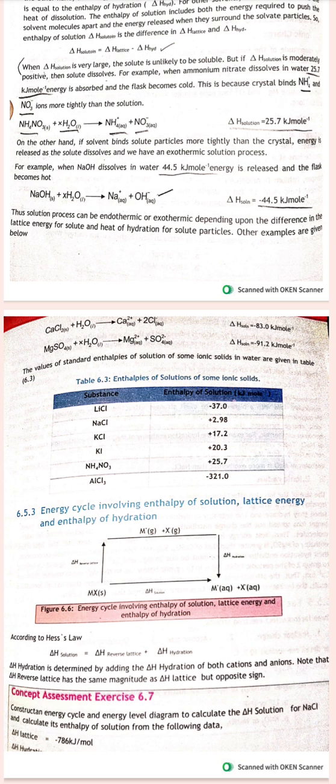So energy is released when the solvent binds the solute more tightly, and energy is absorbed when the solvent binds the solute loosely and the crystal interaction is stronger. The solution process can be endothermic or exothermic depending upon the lattice energy of the solute and the heat of hydration.